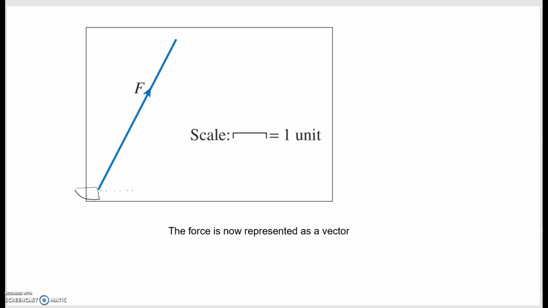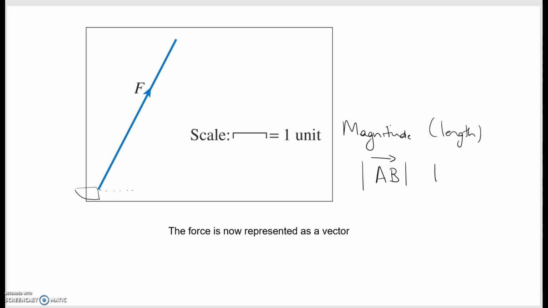In this case, we could talk about the magnitude. Remember, that's the length. And we'd write it, if our vector was from A to B, we'd write it like that.